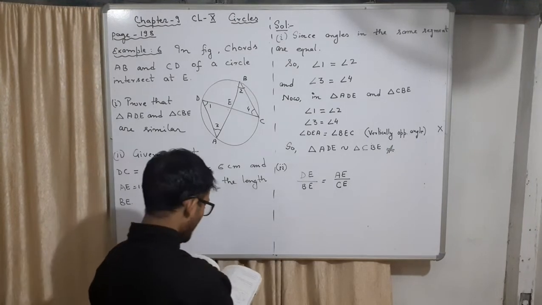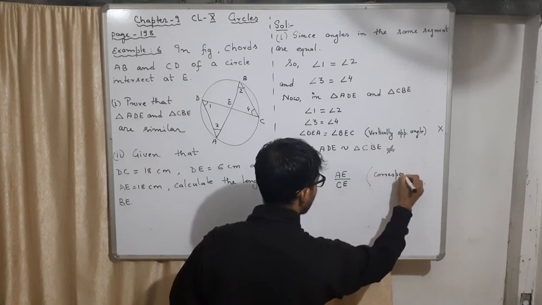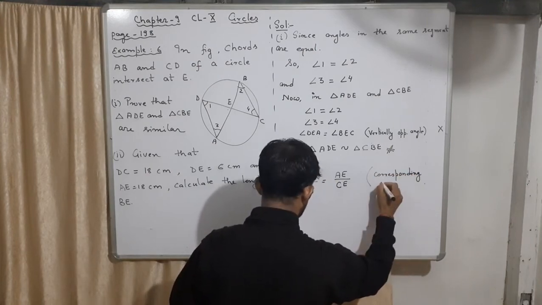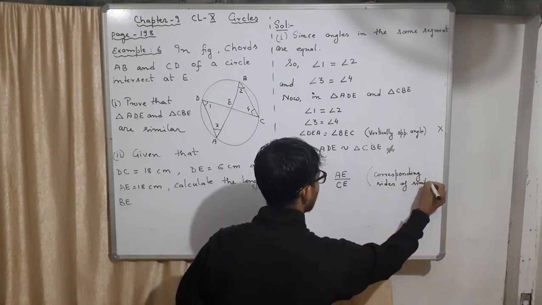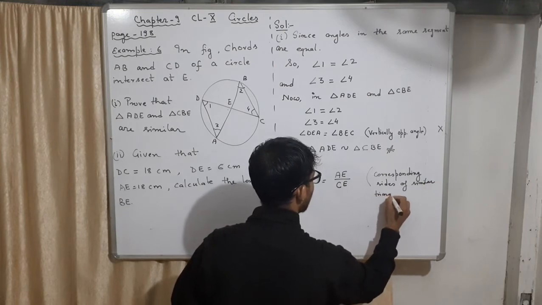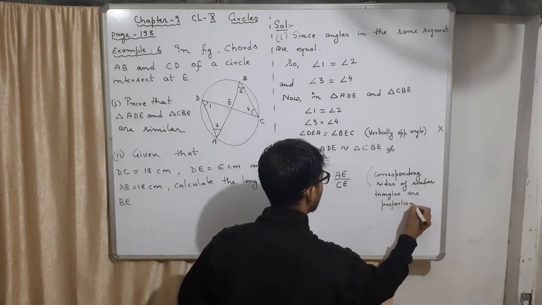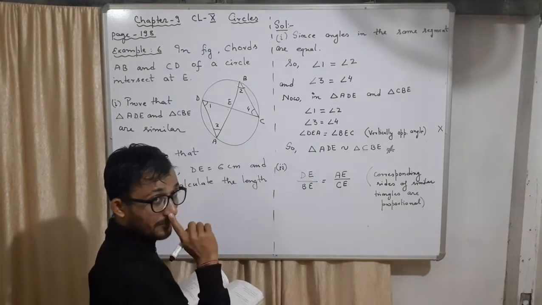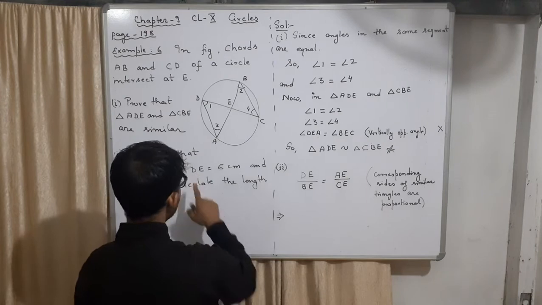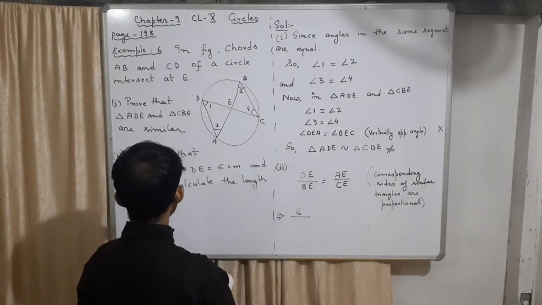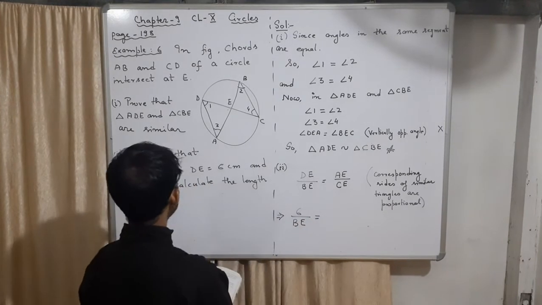So why did I write this? Corresponding sides of similar triangles are proportional, is the meaning from the previous chapter, in the Triangles chapter. Now, DE value is given in the question, 6. BE value is not given, we need to find it. I'll write it as it is. What about AE?